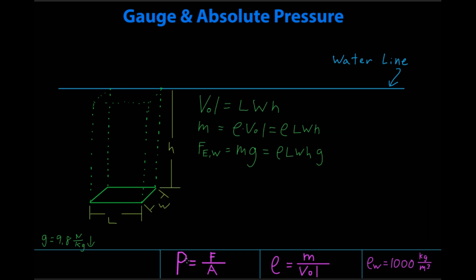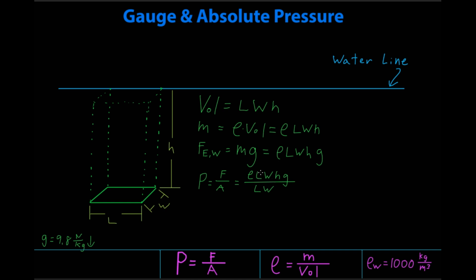Okay, next up, let's take a look at pressure. So pressure, we have force over area. Force, as we just said, is force earth of the water column on the bottom of the pool, rho length width height times g, over area. Now, area, as we stated earlier, is length times width of this rectangle here. So we have length times width in the denominator.